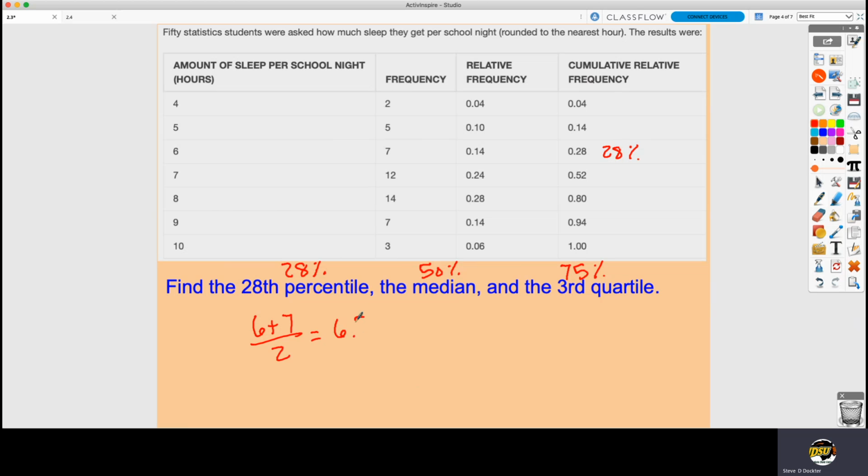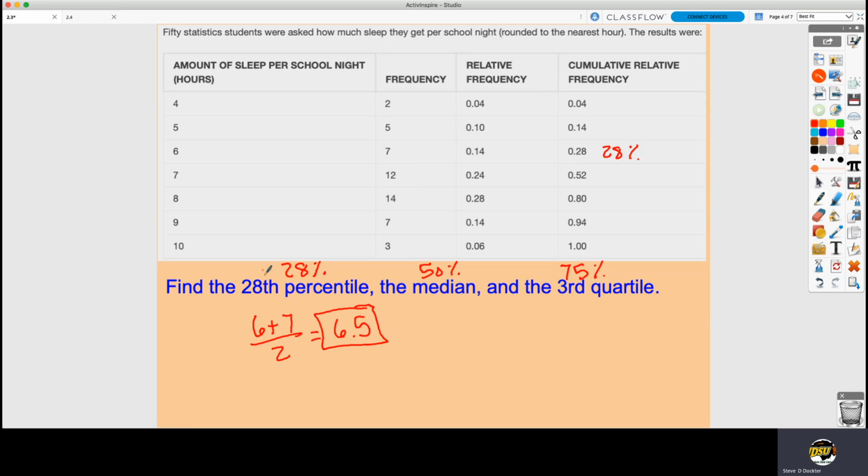The 28th percentile is going to be 6.5 hours here. Questions on that? Okay, 28. You guys agree that the 0.28 is equivalent to 28th percent, right? Okay. So all the numbers above this would constitute our 28th percent.